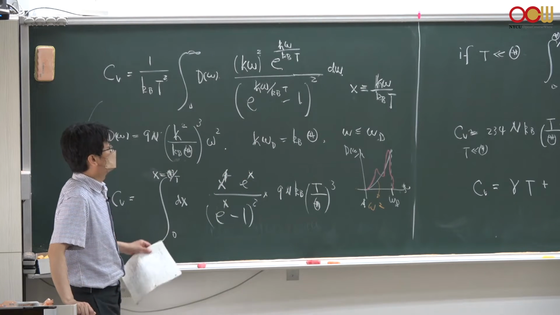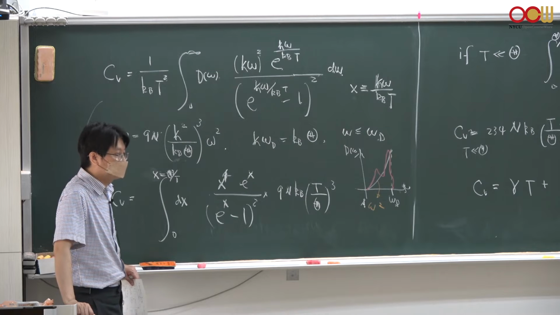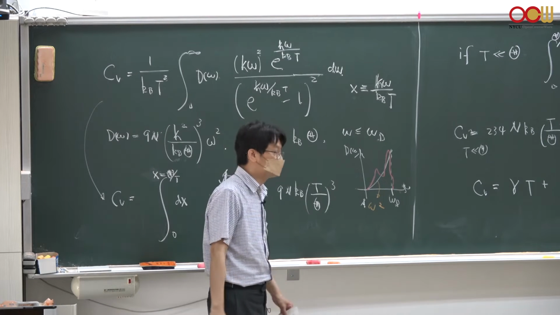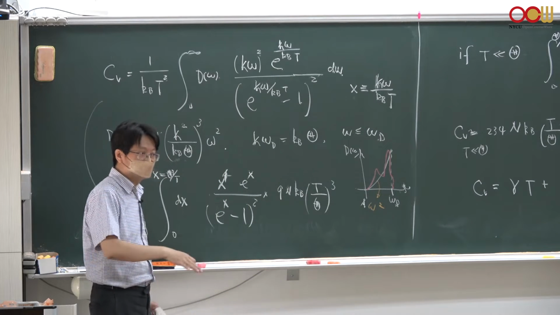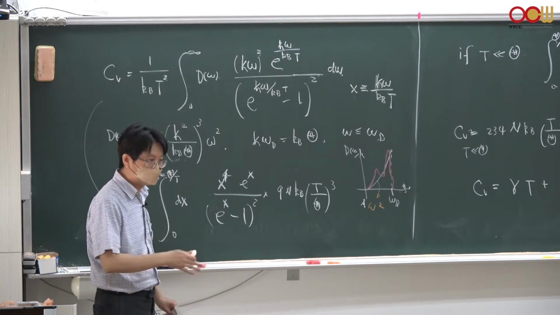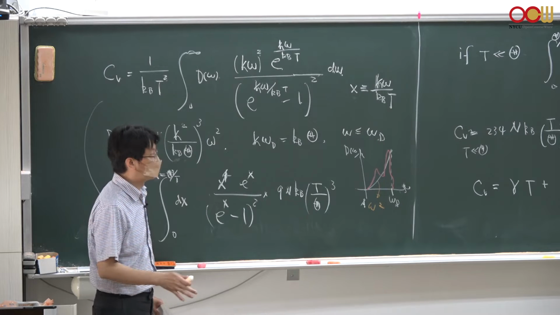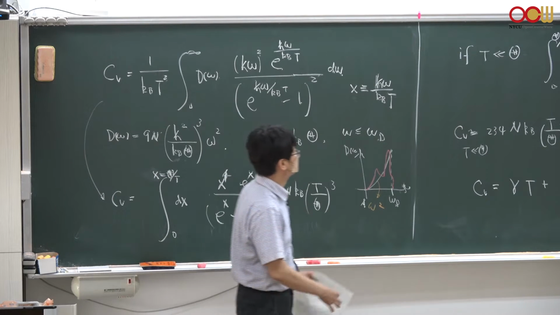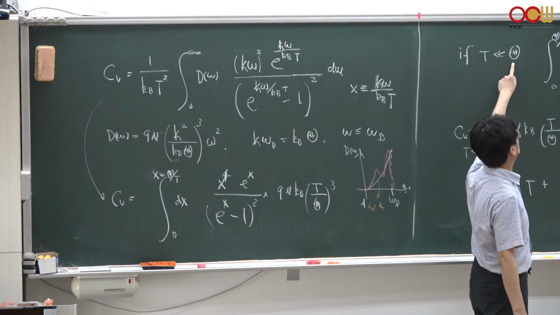And we know that the Debye temperature is really high, a few hundred Kelvin, and so the temperature range that we're interested in is always much lower than the Debye temperature. So T should be much lower than the Debye temperature.